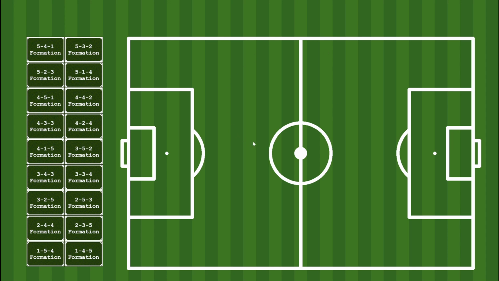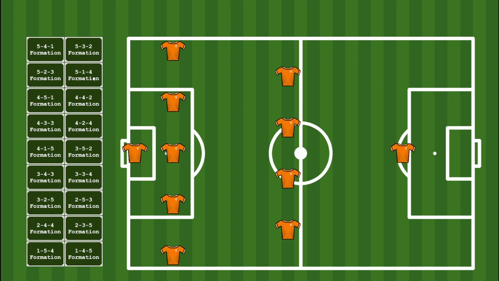Normally you don't go straight to this screen. There will be a whole menu where the player chooses what screen they will see next. But I didn't make any of that yet, so we go straight to the formation screen where the player can choose which formation they want to play.